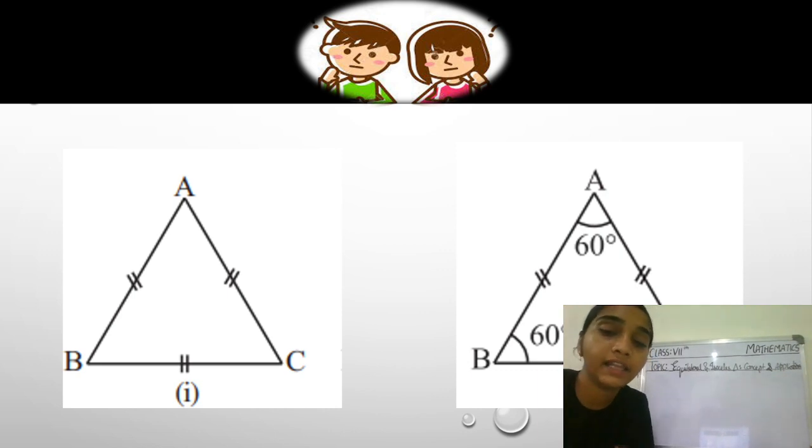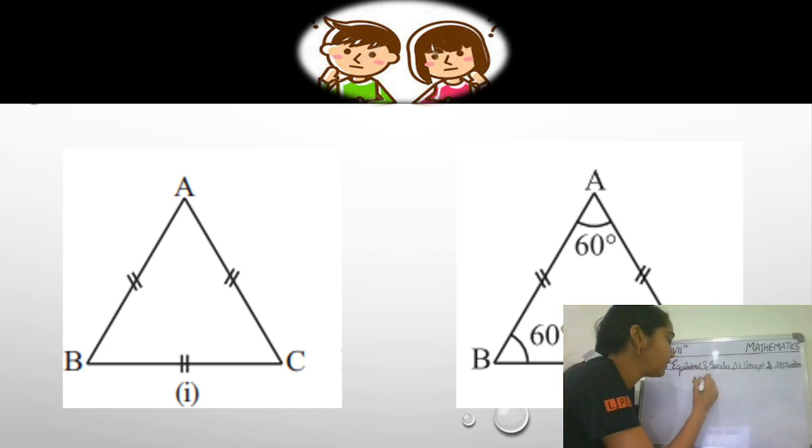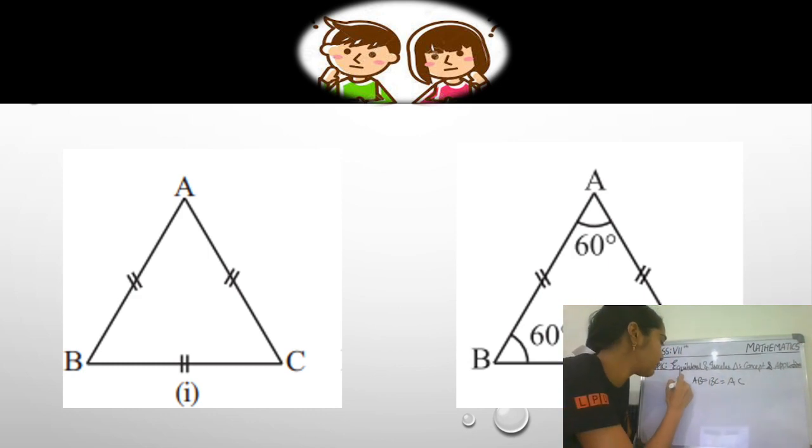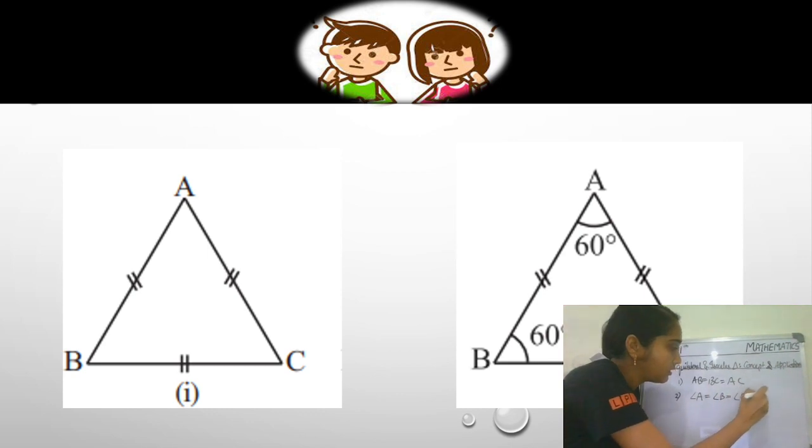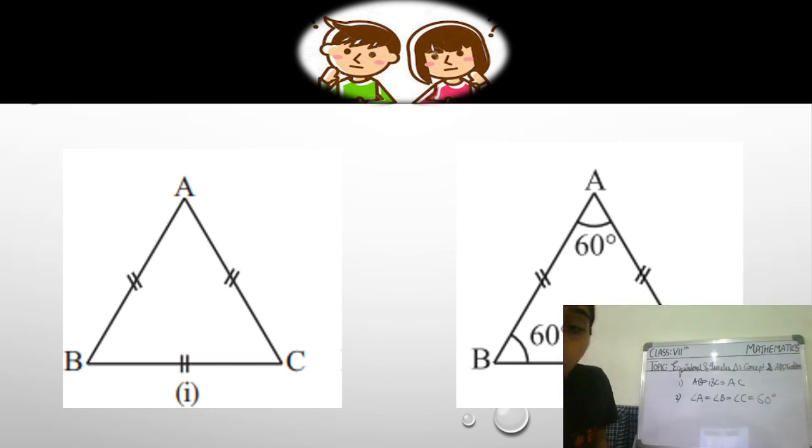Yes, the triangle ABC is an equilateral triangle because it has all the sides equal. All the sides equal means AB is equal to BC is equal to AC, and all the angles are equal to the measure 60 degrees, which is angle A equal to angle B equal to angle C is equal to 60 degrees.